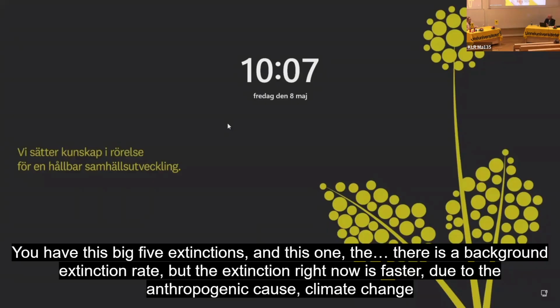You have the big five extinctions, and there is a background extinction rate, but the extinction right now is faster due to the anthropogenically caused climate change.